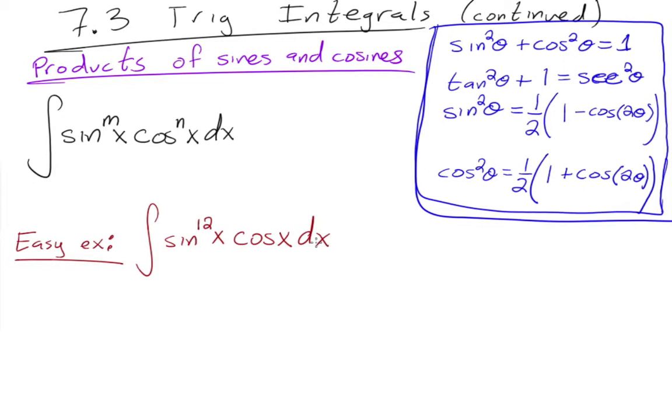Yeah, you just use substitution, right? You would let u equal sine x, so then du equals cosine x dx.